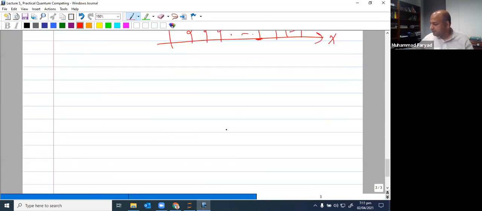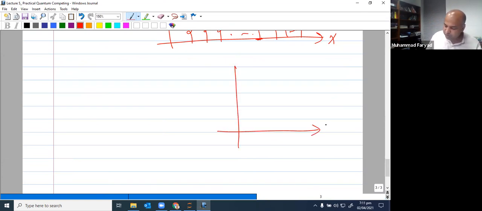There could be some errors in the final result, and that is because of this. You see, we start from a state at this angle theta by 2, and when we perform our operation, it's going to flip this state by another theta, and the second operation might take the state here instead of exactly taking it at this point.